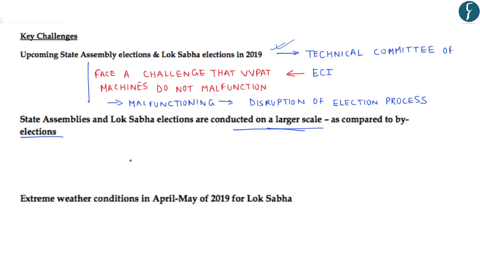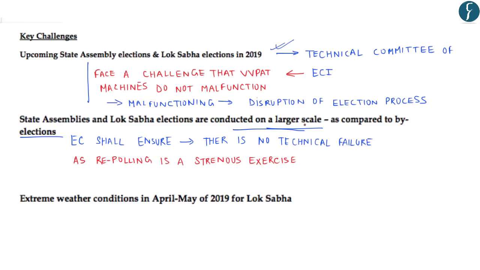Hence, malfunctioning on such a larger scale can further lead to more disruption and chaos in the conduct of election, and these malfunctioning will definitely pose a much stiffer challenge for the Election Commission of India to conduct elections at various booths. In this regard, the Election Commission should ensure that there is no technical failure, as repolling is a strenuous exercise and is definitely a burden on the government expenses.